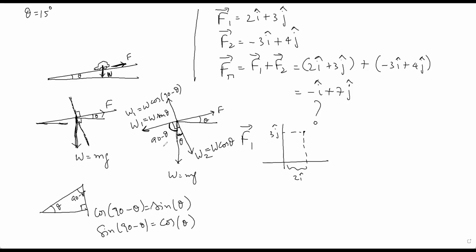So now W2 will have a reaction force. The reaction force will be of the same magnitude, W cos theta, that will compensate it, but negative. I just used the magnitude, and I put the arrow here.